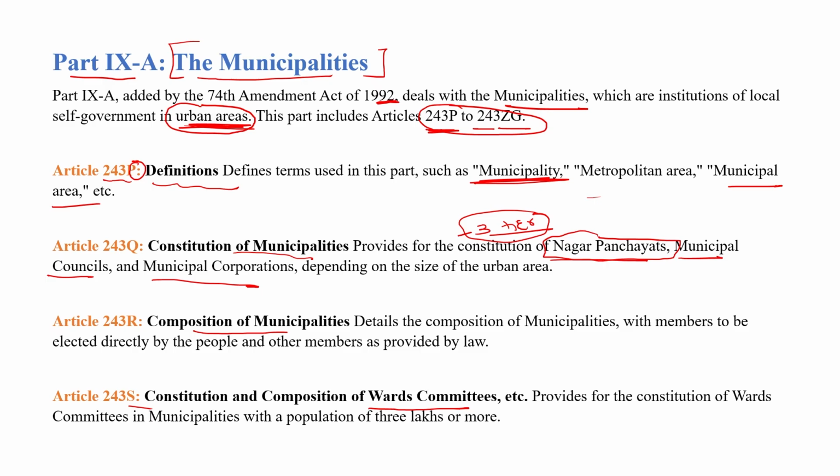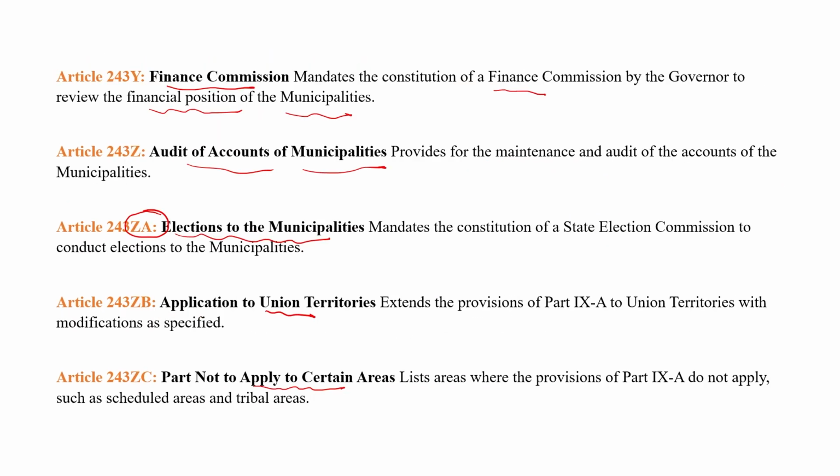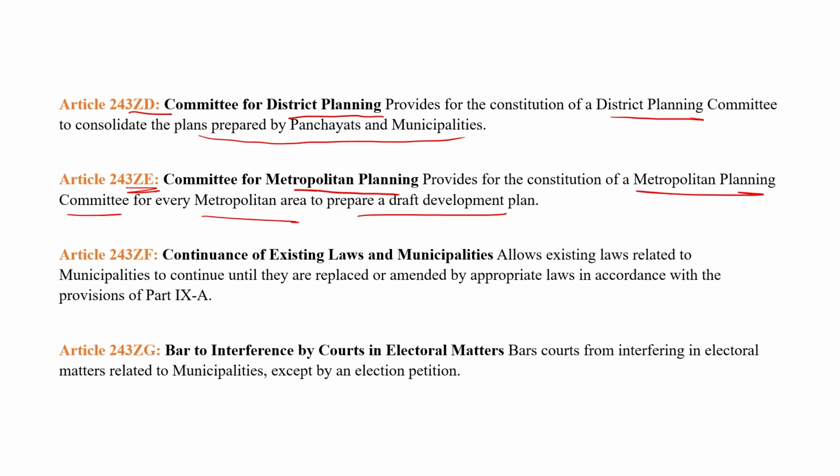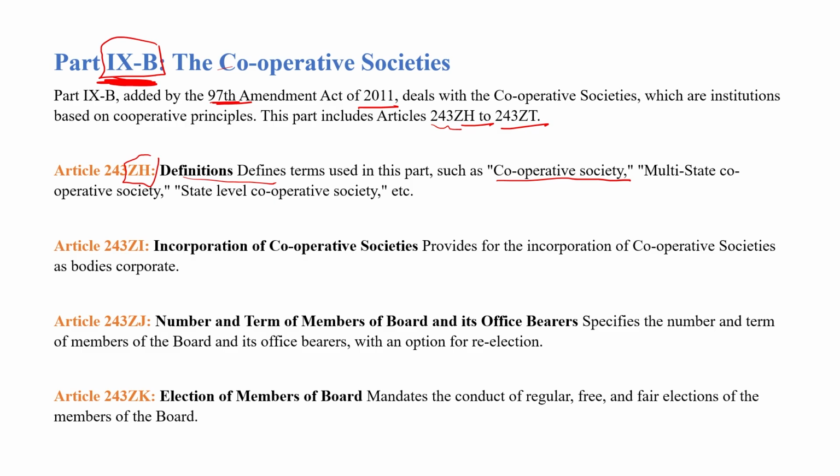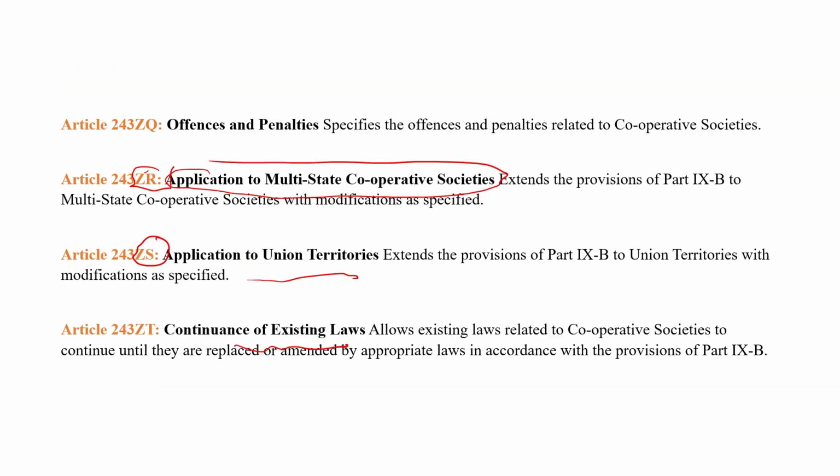The 74th Amendment Act 1992 added Part 9A of the Indian Constitution, which deals with the Nagar Panchayat, municipal corporations and municipal councils. In both types of panchayat, one-third reservation is fixed for women. And Part 9B deals with cooperative societies, the formation of cooperative societies and the structure of cooperative societies. Cooperative societies were added under the 97th Amendment Act 2011.